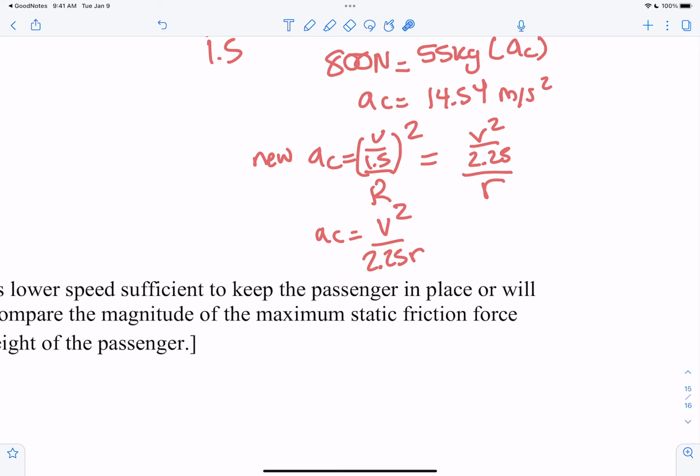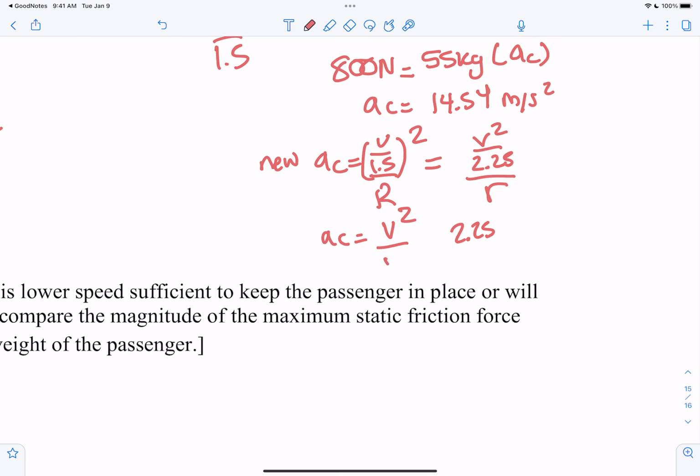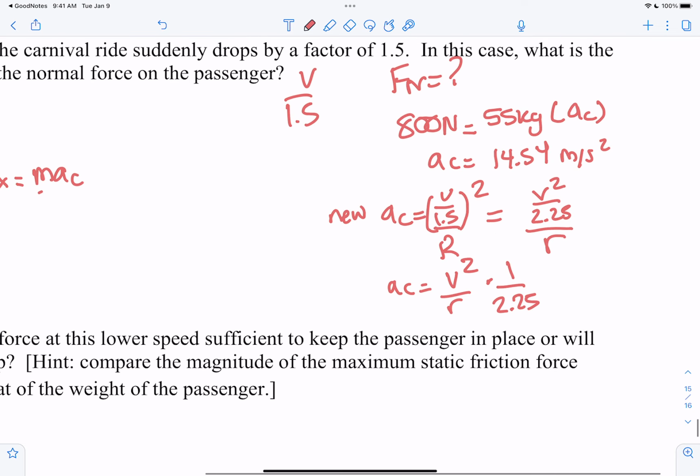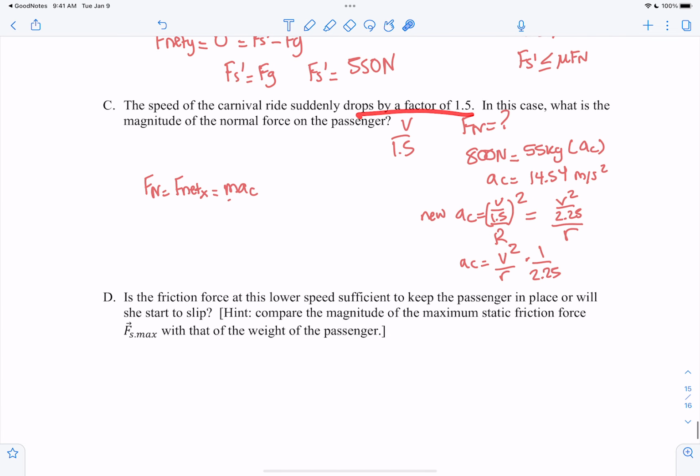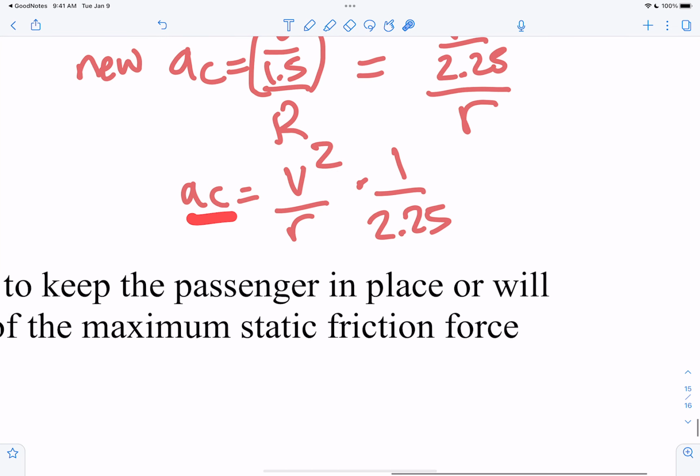And then you can see here that really what this is doing is taking v squared over r, which was your original, and dividing it by a factor of 2.25. So if your speed decreases by a factor of 1.5, your acceleration decreases by a factor of 2.25.